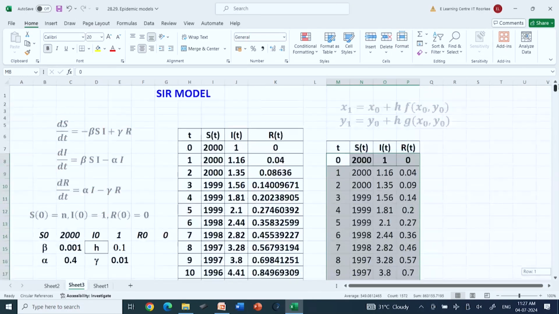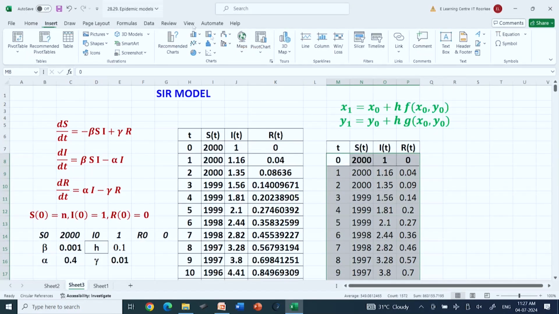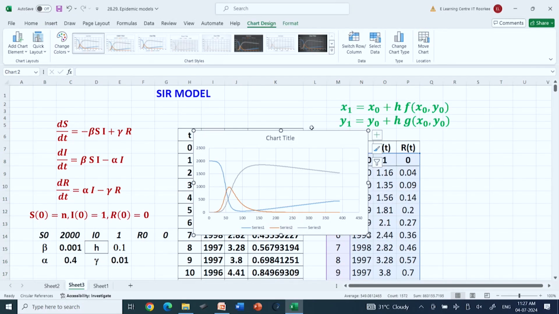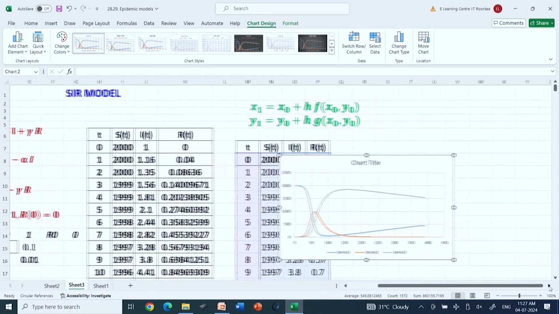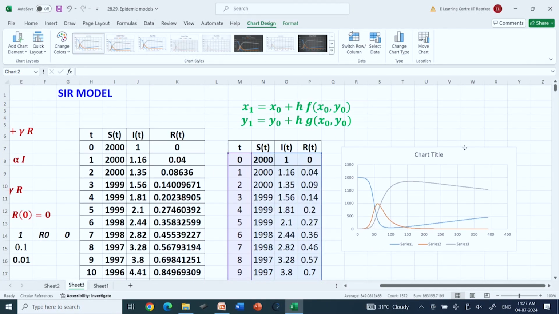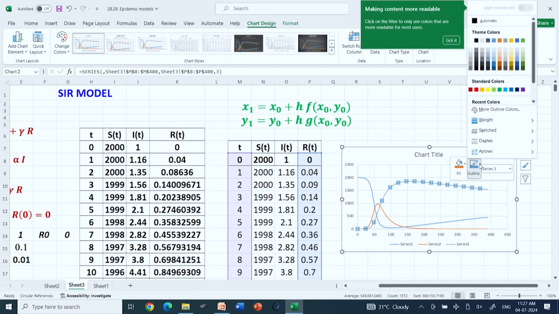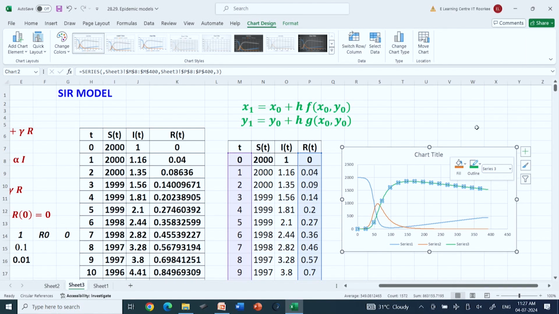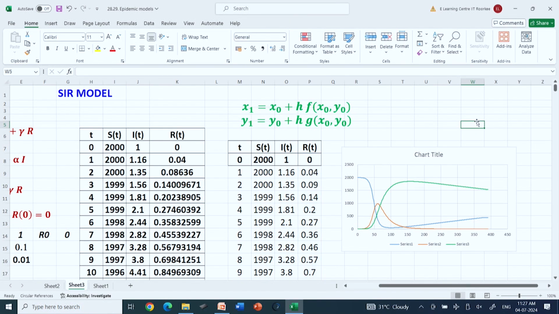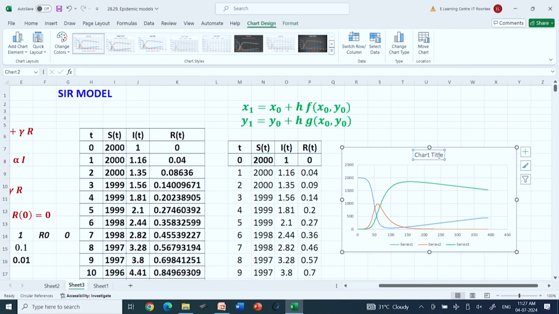Okay, now I go to insert, I choose the graph, and I get the values. I just change the color of this, let's make it green. If you want to change the title, this is a SIR model.